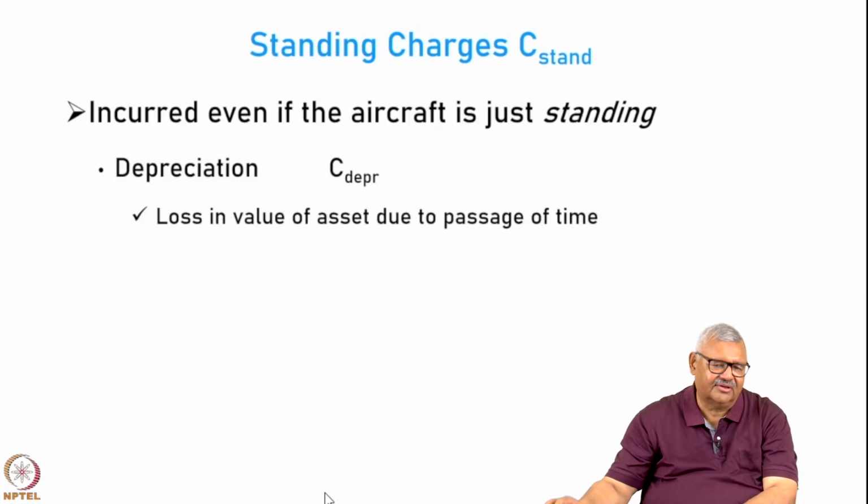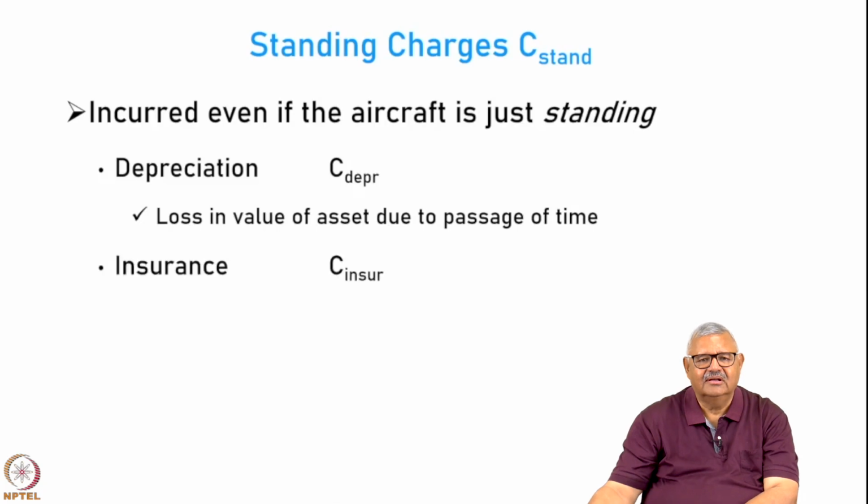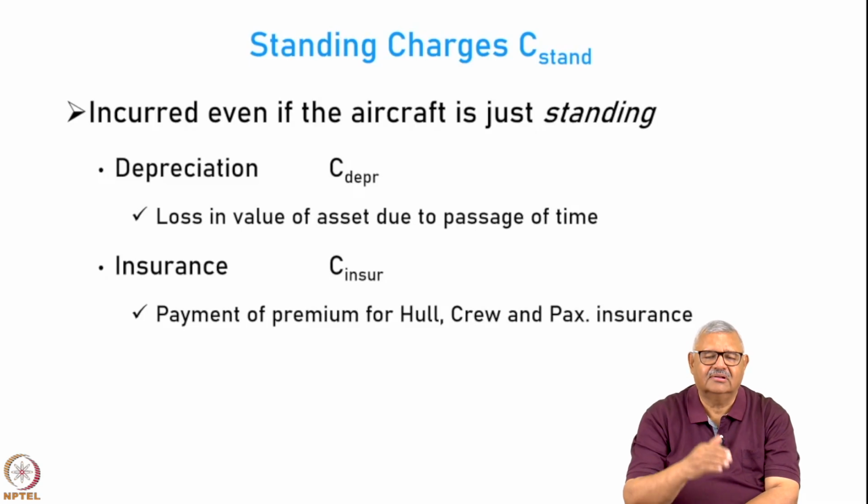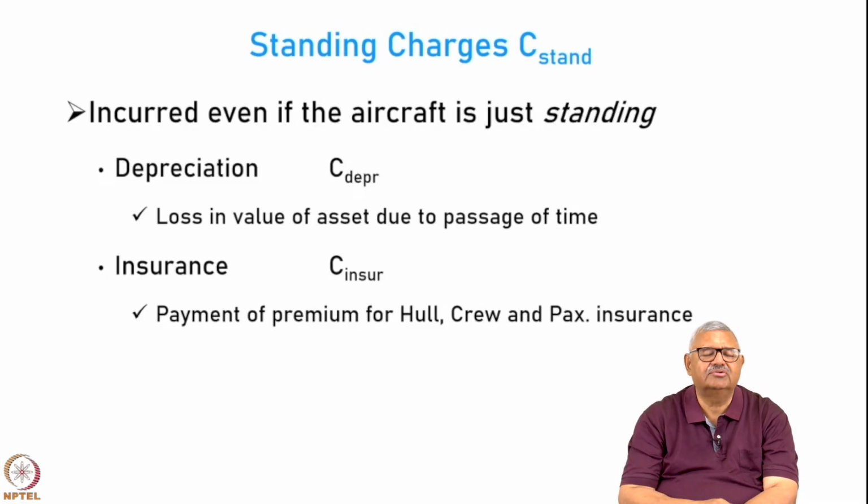Okay. So, as time progresses, the value is lost. The second one is the insurance cost. This is the cost towards payment of premia for the hull insurance, for the crew insurance and the passenger insurance. This also has to be incurred by the airline.